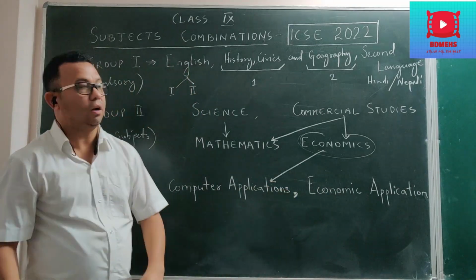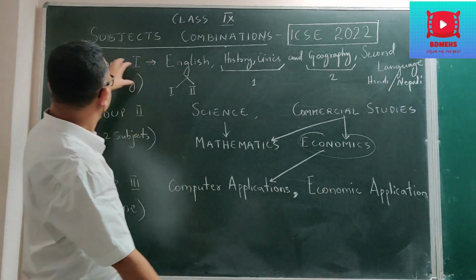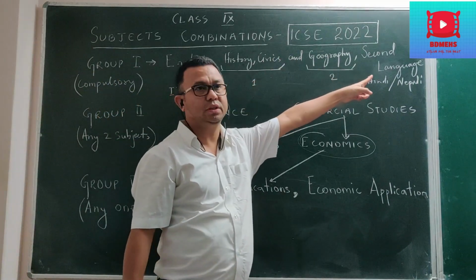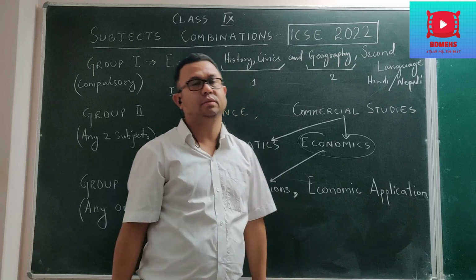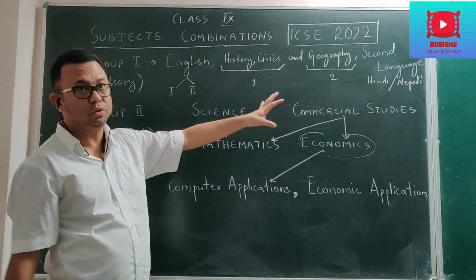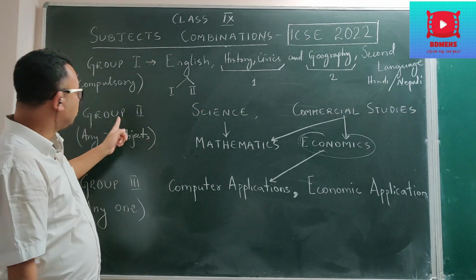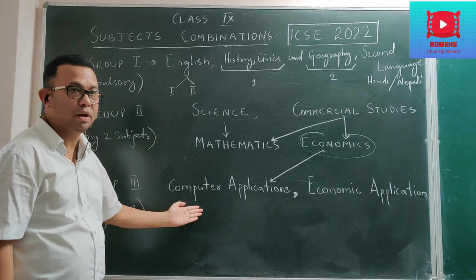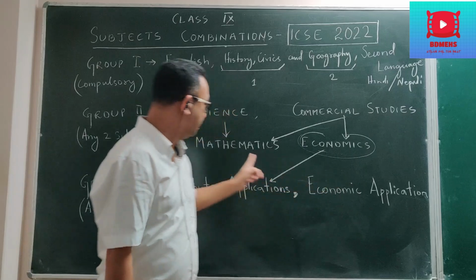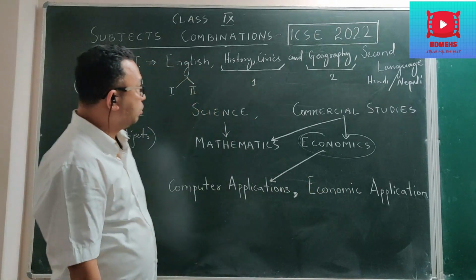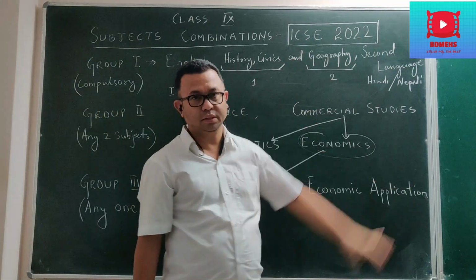So that means, now if I give you just an example, for group 1, we have 3 subjects you have to take. Only option that you have is second language, a Nepali or a Hindi. So 3 subjects you will take there. A science student may be taking science and mathematics, 2 subjects from group 2, and maybe he'll take computer application, or he may go for economic application. Since he has taken math, he can take either of the 2. But for a commerce student, he has to take 3 subjects.